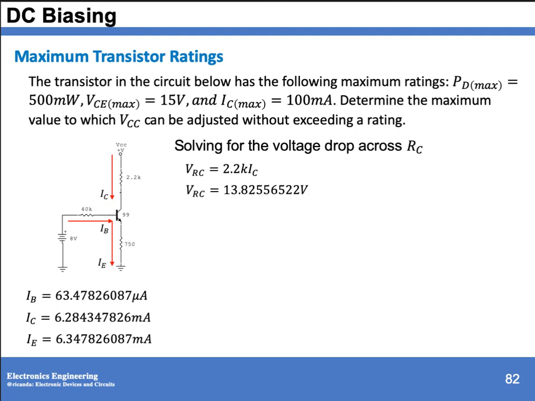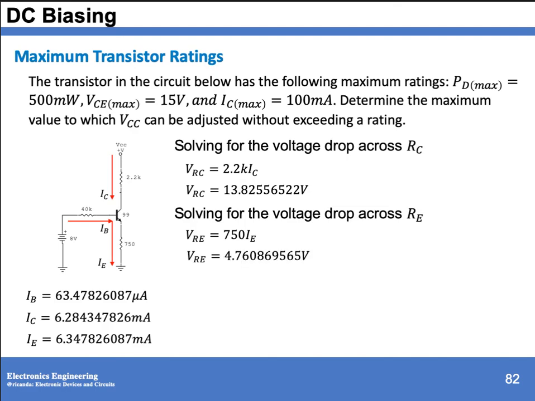So we have 13.82556522 volts. Solving for the voltage drop across RE, since we have already IE, we can solve for your VRE. That is 750 IE. So we have 4.760869565 volts.